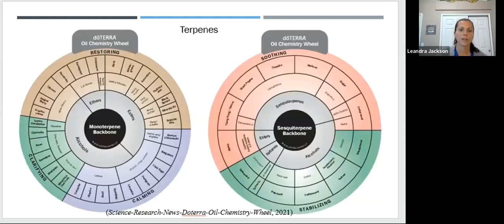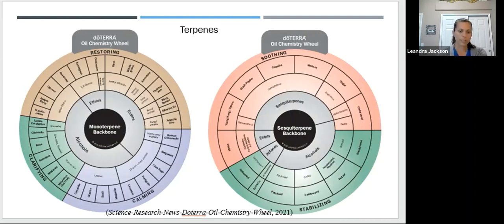So this here is, like I said before, terpenes is the larger class of the smaller monoterpene or sesquiterpene categories. So this chemistry wheel is the monoterpenes, and then you see here the functional groups. And the functional groups can be in both of these categories.